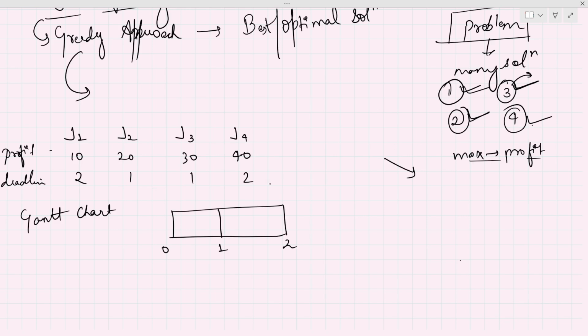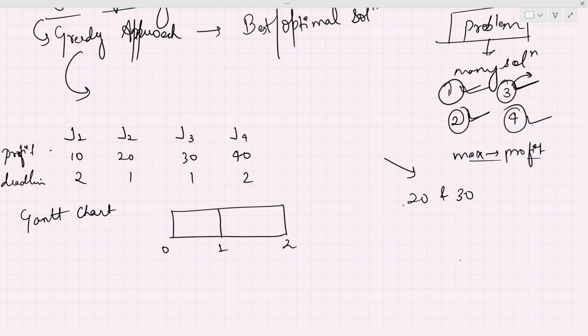Okay, now we have to arrange these jobs in such a way that we get a maximum profit. For example, in 0 to 1, the profits we have are 20 and 30.